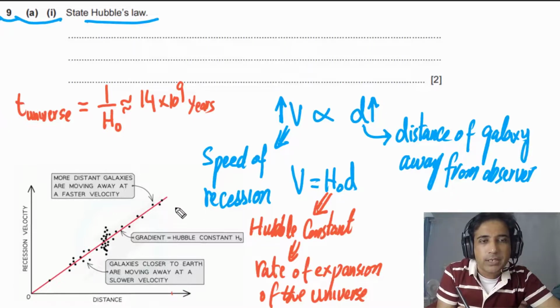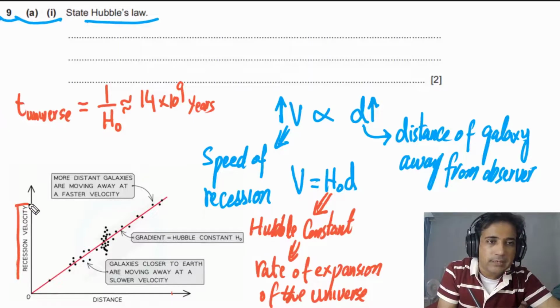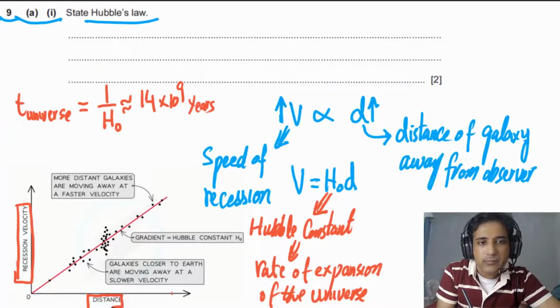Now let's try to understand Hubble's law with the help of this graph. You can see on the y-axis we have recessional velocity, and on the x-axis we have distance. If you look at this galaxy, you can see it is a distant galaxy, meaning it is further away from us. It has a greater value of distance, and also a higher value of speed.